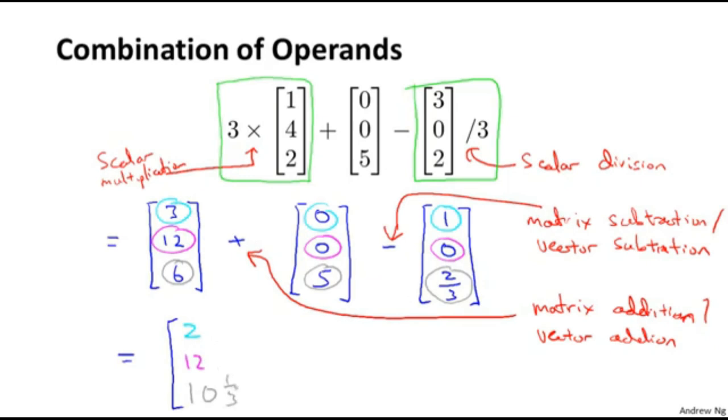And I'm going to close my square bracket. And so this gives me a 3 by 1 matrix, which is also just called a 3-dimensional vector, right? Which is the outcome of this calculation over here. So that's how you add and subtract matrices and vectors and multiply them by scalars, or by real numbers.